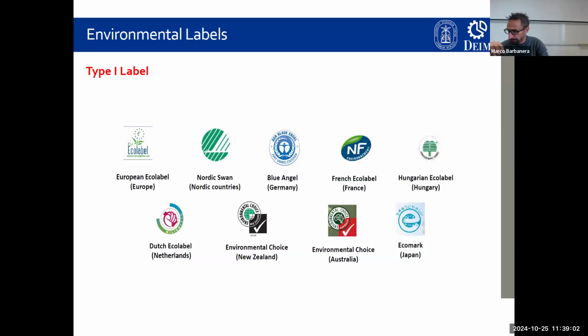But in the slide, you can see that in the market, some products could have other kinds of marks, other kinds of labels. For example, in Australia, the type 1 label is Environmental Choice. In Japan, Eco Mark, and so on.